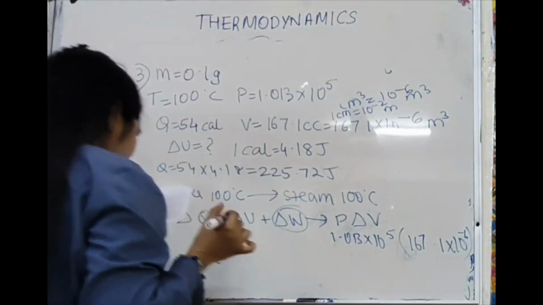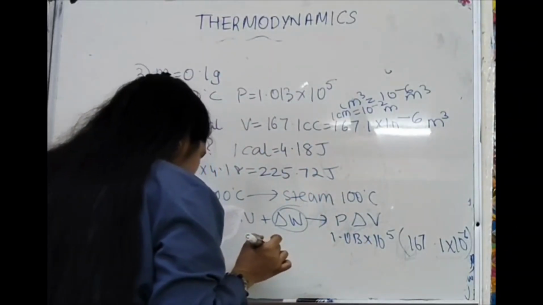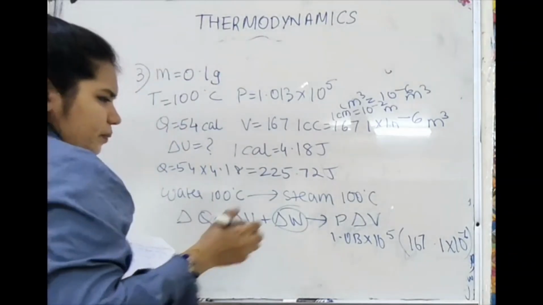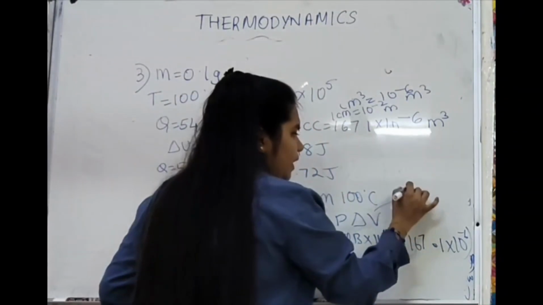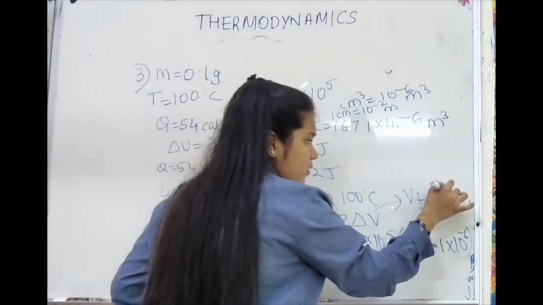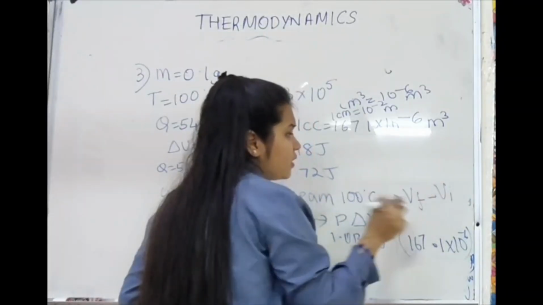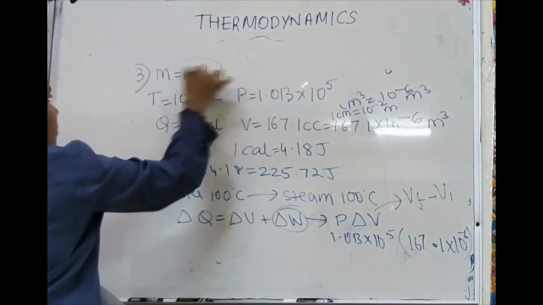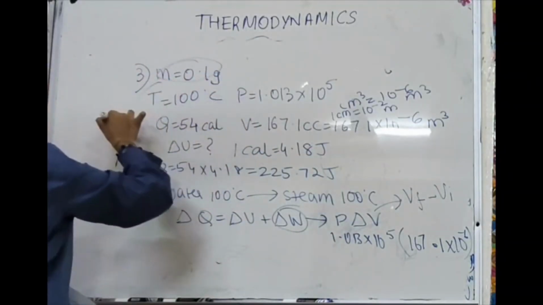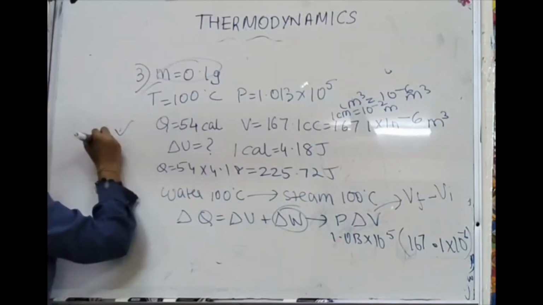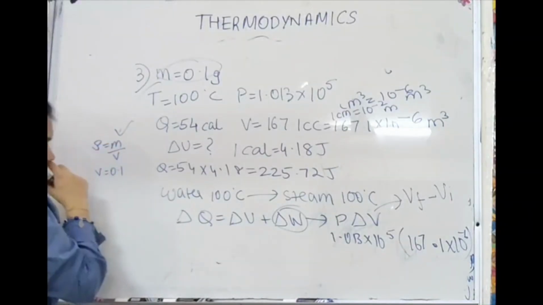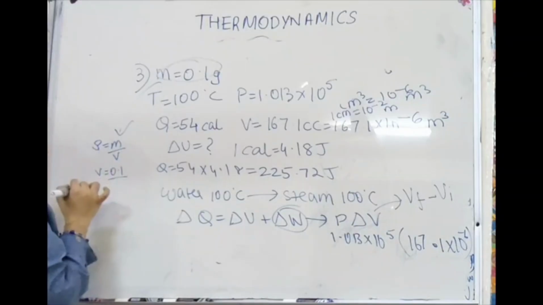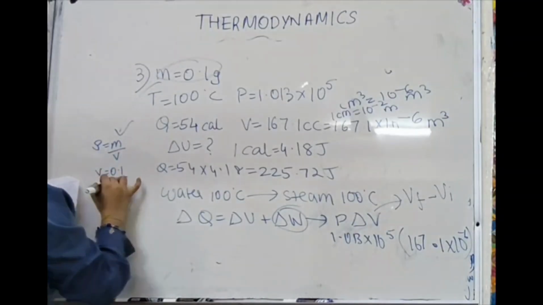So the answer which I was getting is, okay, delta V is V final minus V initial. What is the final? We are given mass as 0.1 gram. So density equals mass by volume. Volume is 0.1 into density, density is 1.